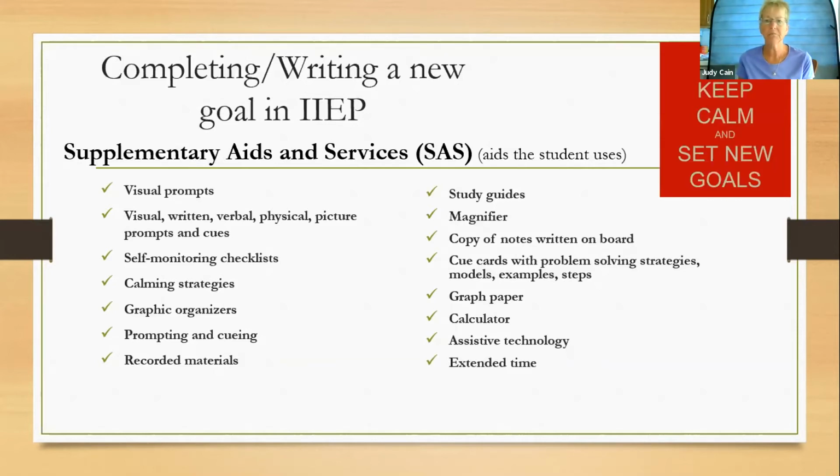Recorded materials, study guides, magnifiers, calculators, all these things are supplemental aids that a student can use to work towards whatever the goal is that they have. Okay, I'll let you have a second to finish that list. I didn't read them all to you. And you should have this PowerPoint, I think, or you will have the PowerPoint.